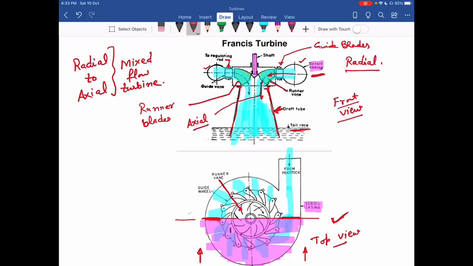So another characteristic is the medium head. That is, the range of head is from 45 meters to 250 meters. Okay. And it also requires medium discharge.